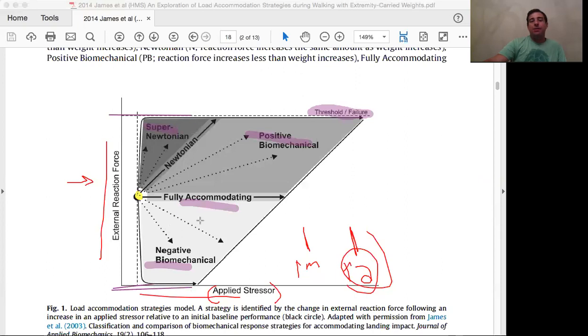And what happens is, as we increase our stressor, right, we have more ability in the positive than we do in the negative, right? So if we go too much in the negative, it takes less of a stressor add to cause injury than not, okay?